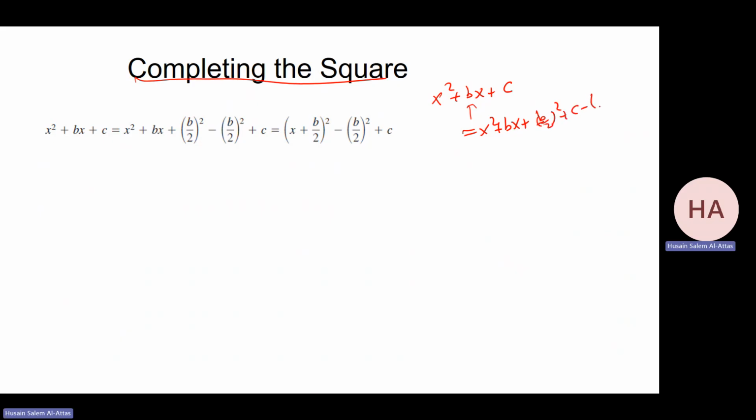I add something, I subtract it, so I get x plus b over 2, all squared. Now this is a complete square. If you open it, it will be x squared plus b over 2 times x, plus b over 2 all squared, plus the rest. So this is what's called completing the square.